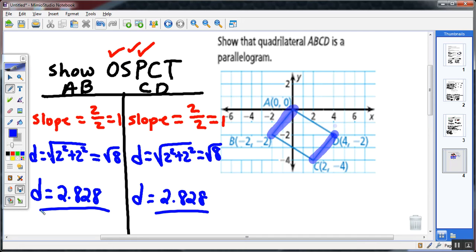Okay, so kids, how do you know this is a parallelogram? Same distance and they're parallel. Opposite sides are parallel and congruent. So I'm going to say this, since AB is congruent, and what else?